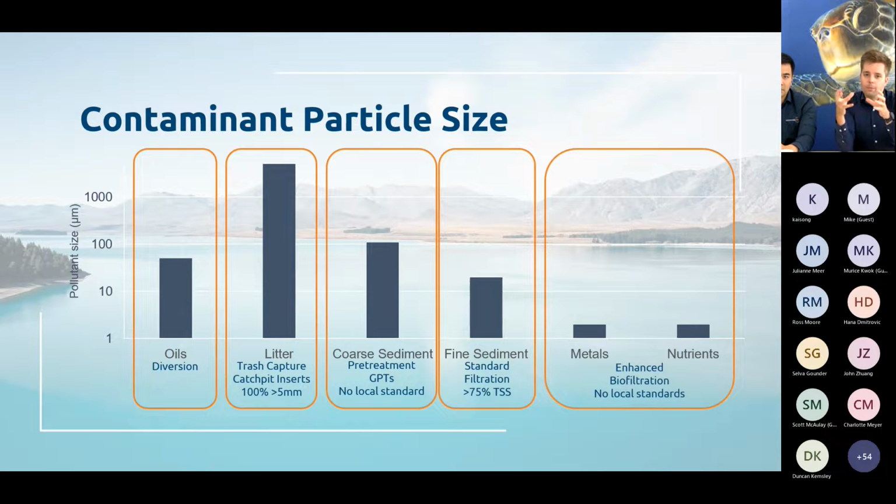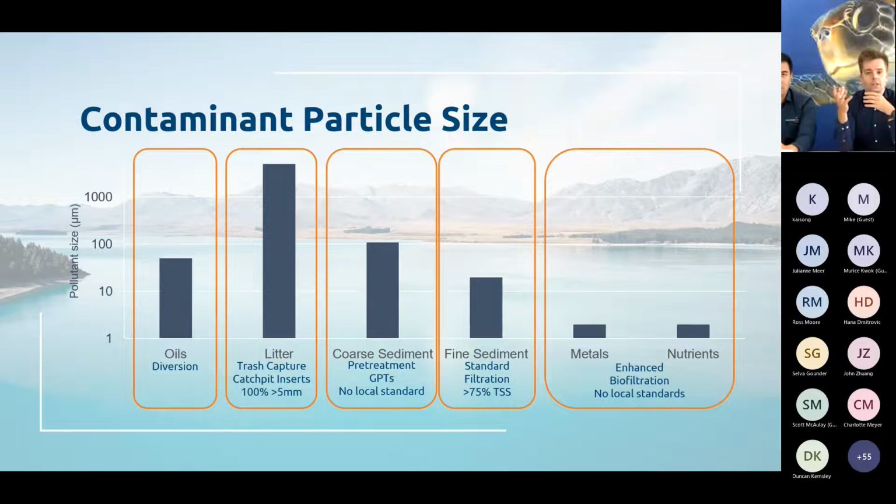So for each type of contaminant, there is a type of treatment mechanism that best provides treatment to address that contaminant. So for oils, we try and divert. For litter, it is around 100% trash capture. For coarse sediment, we typically use settling or screening gross pollutant traps.